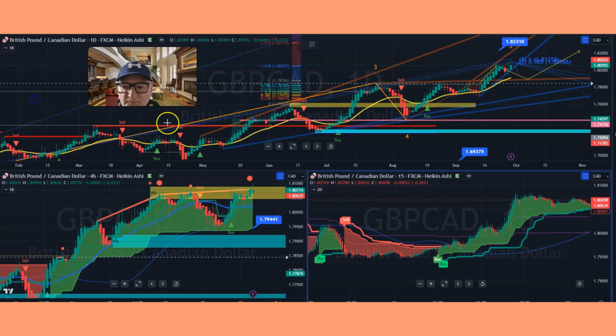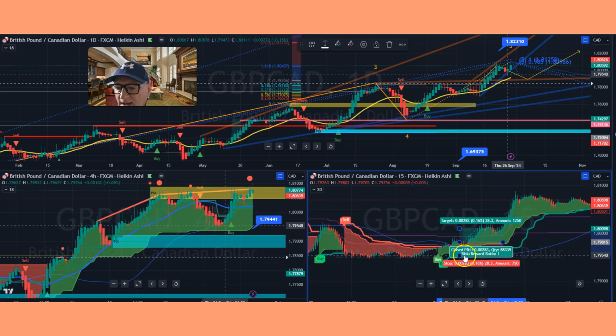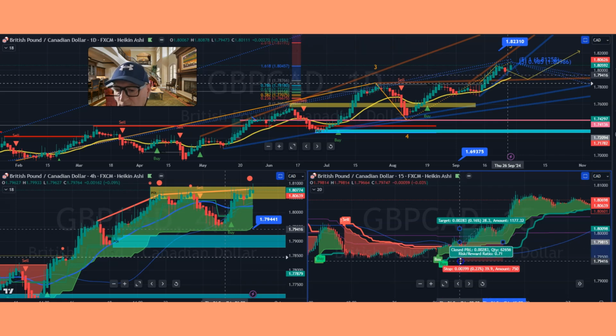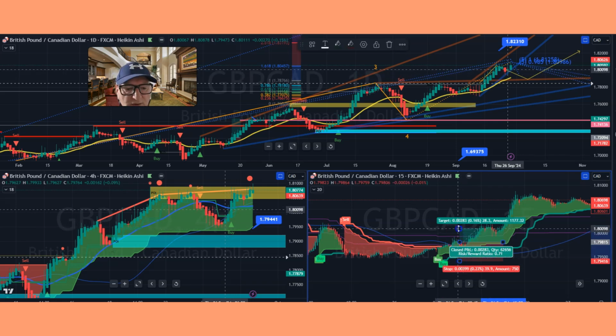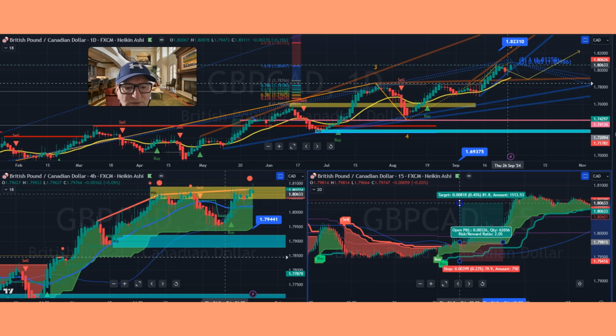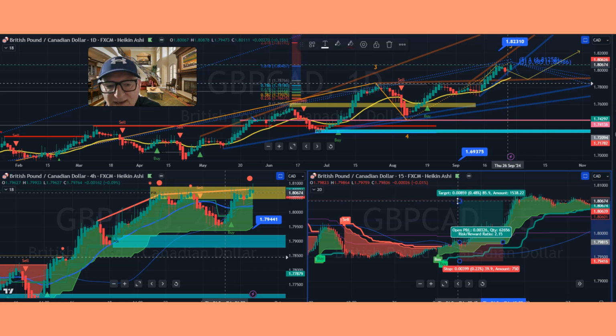You're going to get in somewhere here, let's say, and you're going to have a lovely tight stop of 39 pips, and your target's going to be about there, let's say, to the top of that previous high on the left.